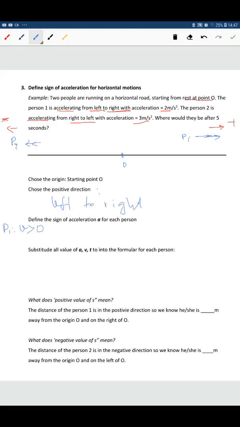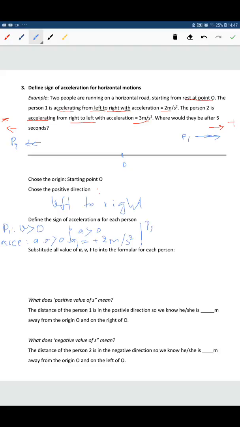And because he is accelerating, a times v is positive too. Those two conditions give us that a is positive. Person 1 has positive acceleration. Then we can write a1 as positive 2. You don't need to write the positive sign, but I write it so you can remember it.